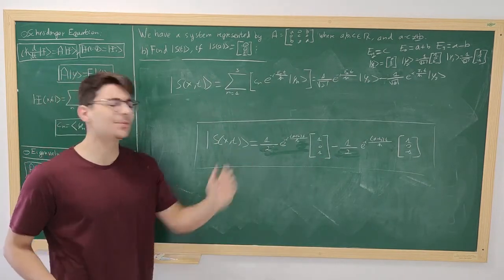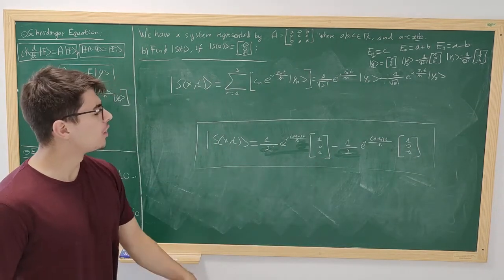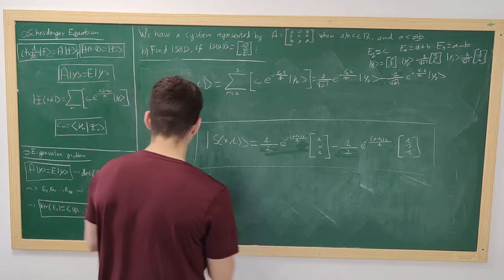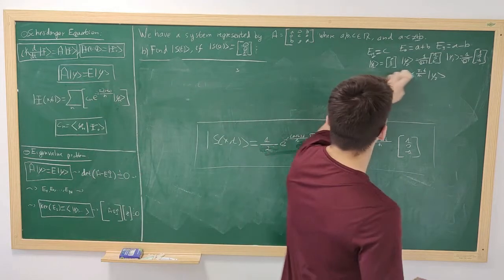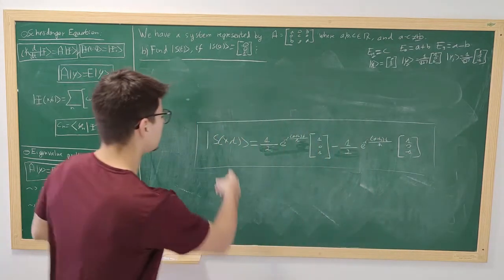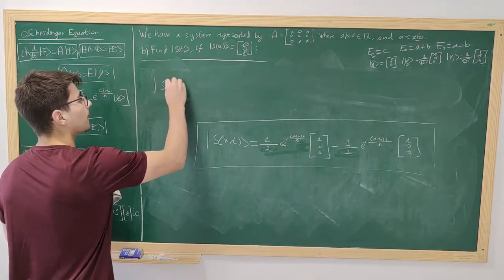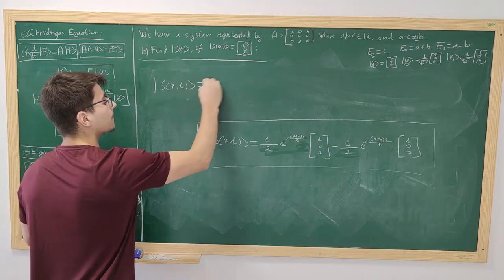And well, we actually can simplify this a little bit. So let's just write this all in one term. Just erase this. So we can write this as psi of t.